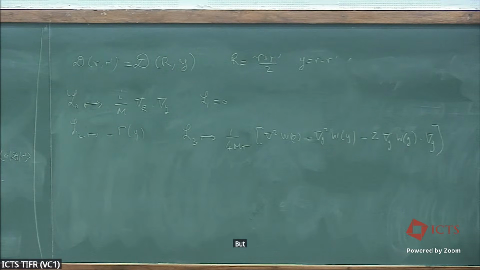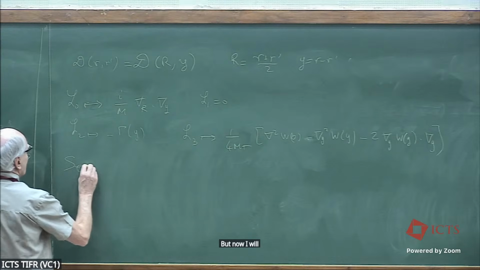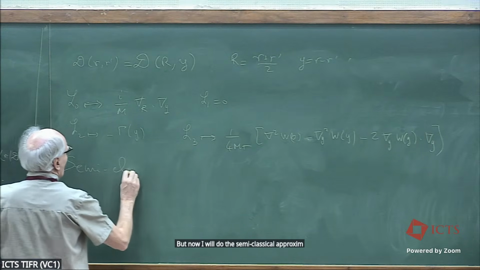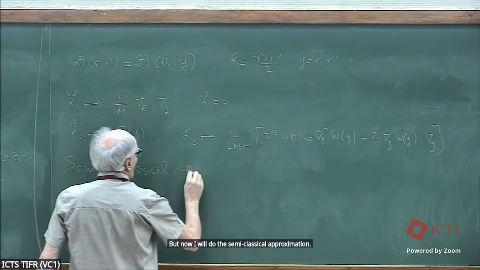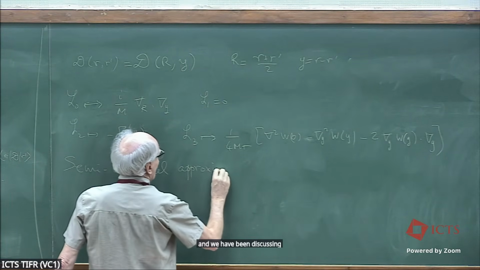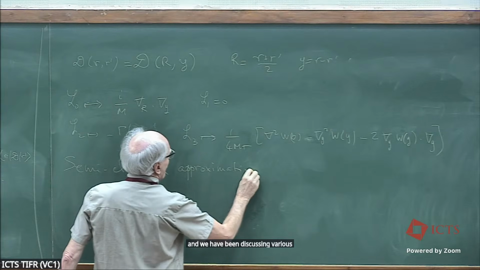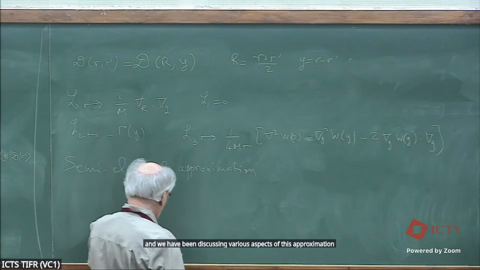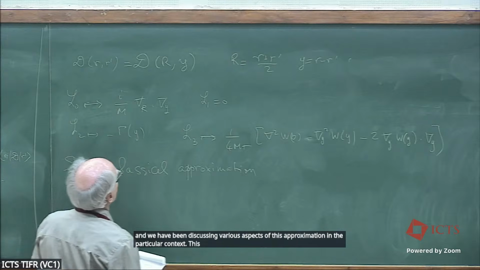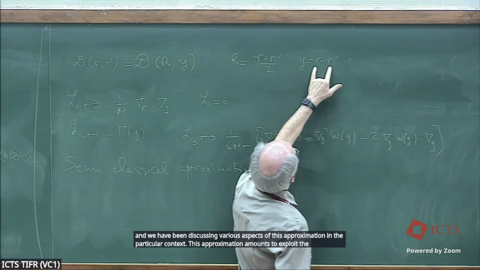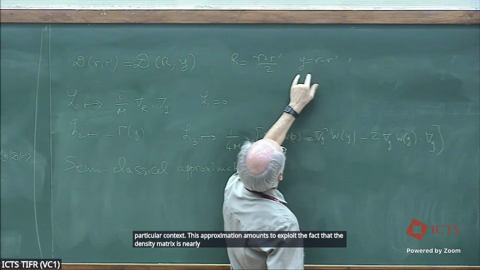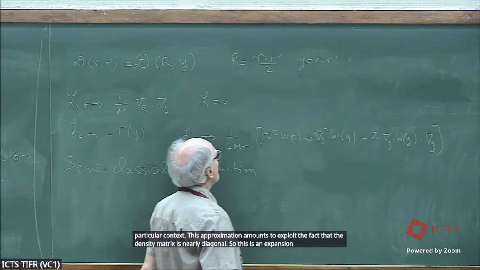So there is no further approximation done. But now I will do the semi-classical approximation. And we have been discussing various aspects of this approximation. In this particular context, this approximation amounts to exploiting the fact that the density matrix is nearly diagonal. So this is an expansion which I'm going to do in powers of y.